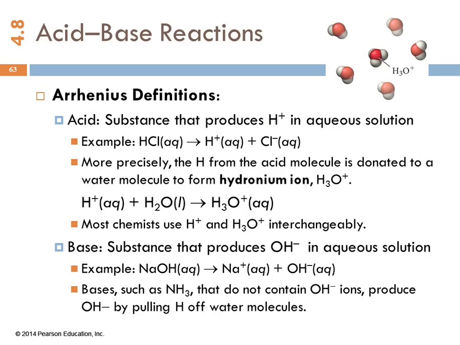This definition is a little more general and more inclusive than our nomenclature definition of it starting with an H. So an example, HCl, hydrogen chloride, we could name it if it was a gas, but when we put it in water, it forms hydrogen ions. Therefore, it's an acid.